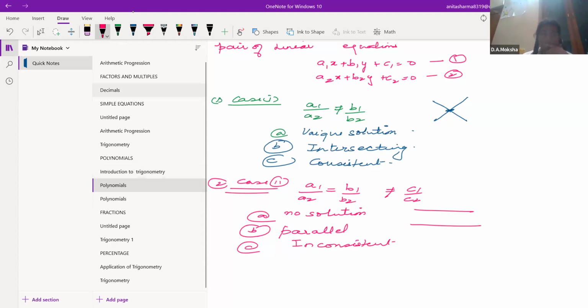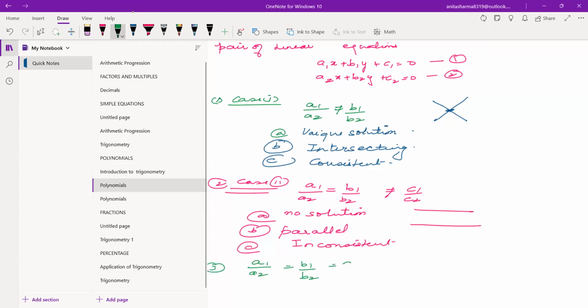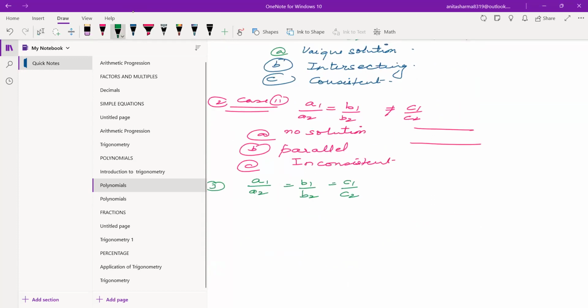Yes, ma'am. So now the third case is when all ratios are equal. A1 upon A2 is equal to B1 upon B2 is equal to C1 upon C2. When all ratios are equal, it means suppose you have drawn one line, then the points of the second line will also lie on the first line.